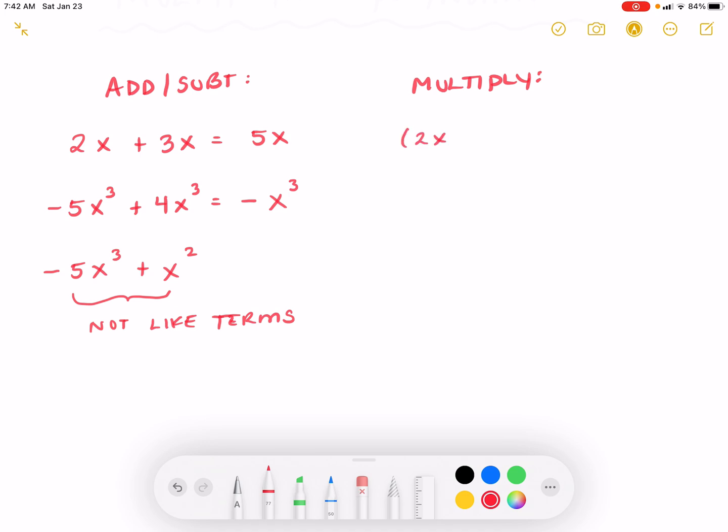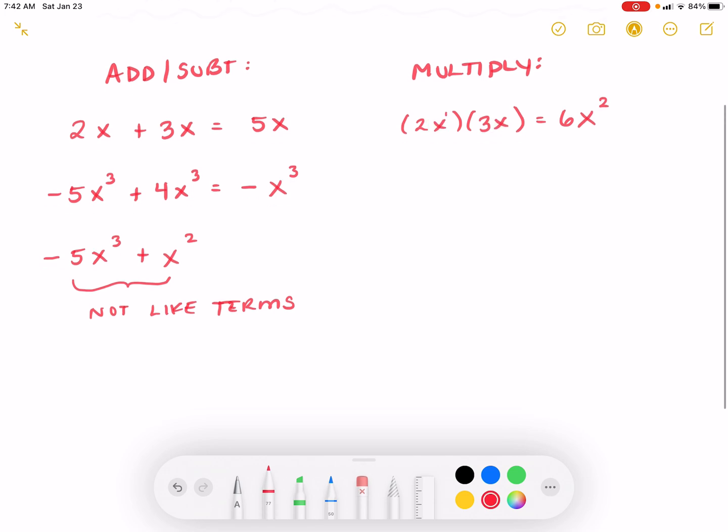When we multiply terms and we take 2x times 3x, we multiply the coefficients, 2 times 3, and we get 6, okay? But then we also multiply the x times x, which increases the exponent and makes x squared. So the exponent rule here is, if you have x to the first times x to the first, you're adding your exponents, 1 plus 1, and that's where the 2 is coming from.